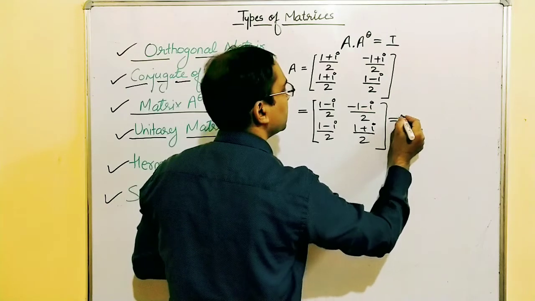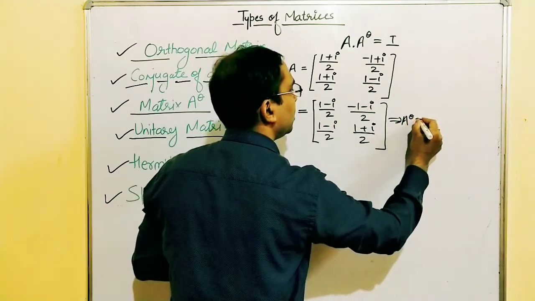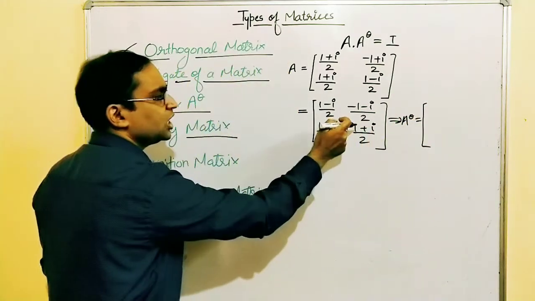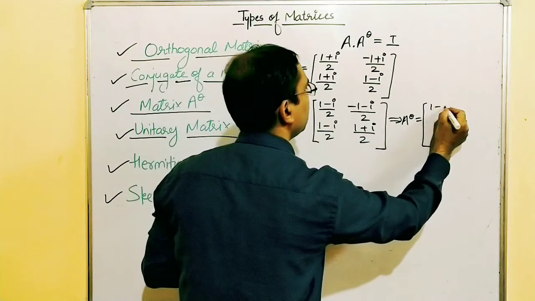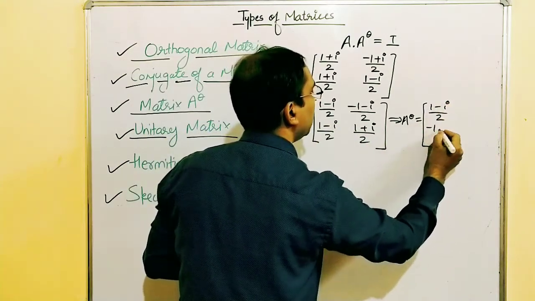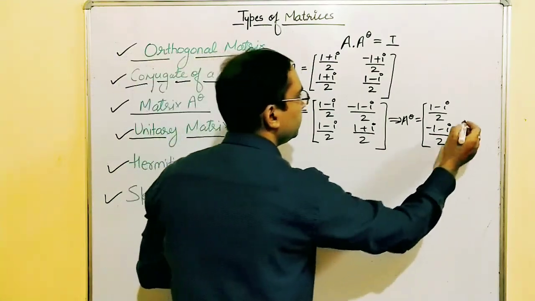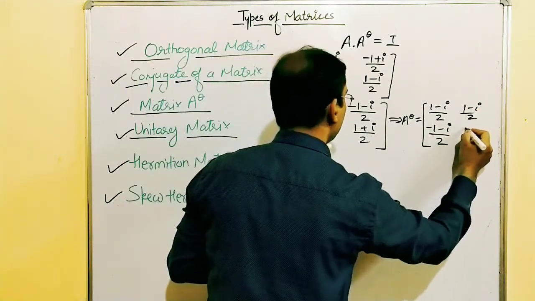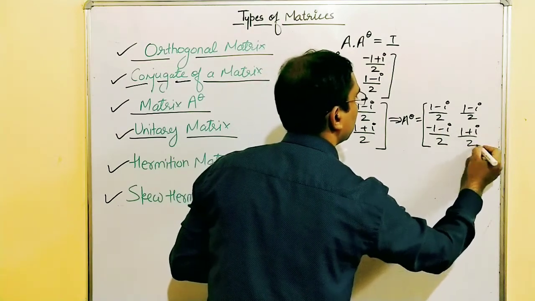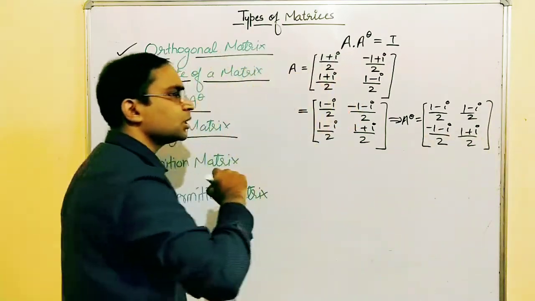So A theta will be the transpose of this matrix: (1 minus i) upon 2, minus (1 minus i) upon 2, and this row will be converted to column, (1 minus i) upon 2, and (1 plus i) upon 2. So this is A theta.